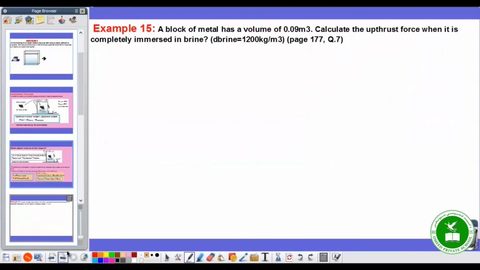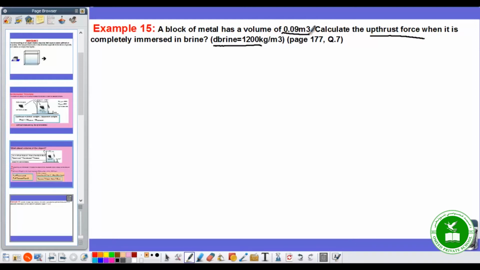Okay, let's solve some examples. Example 15. A block of metal has a volume of 0.09 meter cube. Calculate the upthrust force when it is completely immersed in brine. See, they are asking what? Upthrust force. And they have given density and volume.